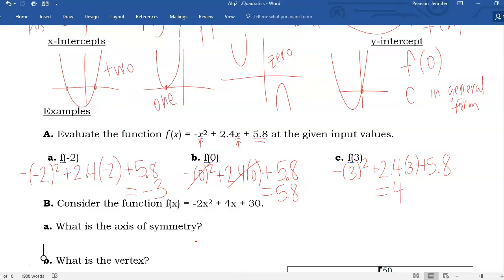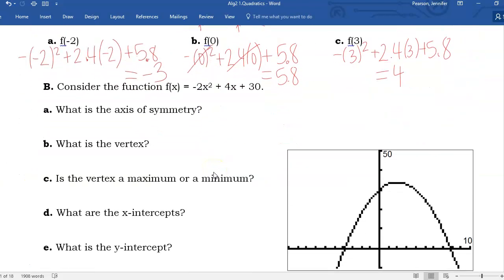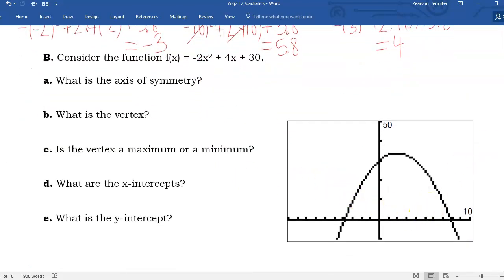Example B, consider the function -2x squared plus 4x plus 30. What is the axis of symmetry? So I do have this graphed here, but we're going to use the formula from up top for finding the axis of symmetry. That was -b over 2 times a. So given an equation in general form, I have my a, I have my b, and I have my c.